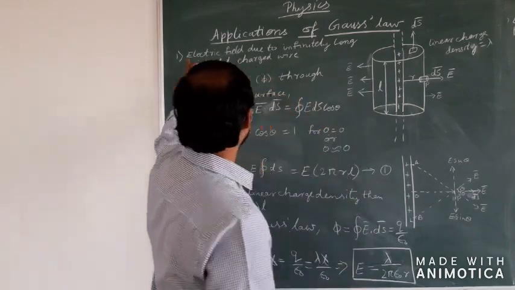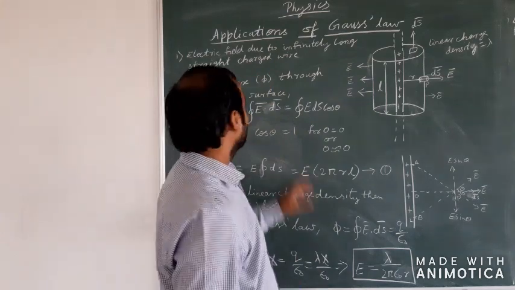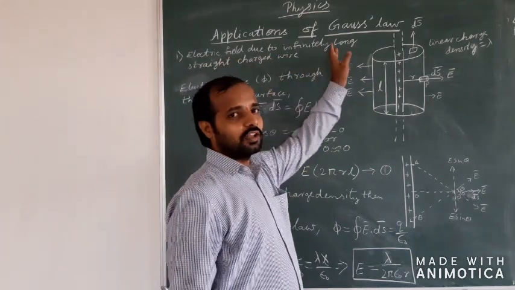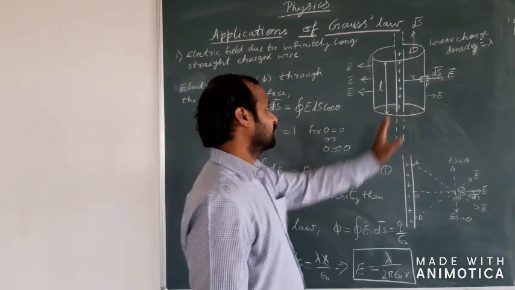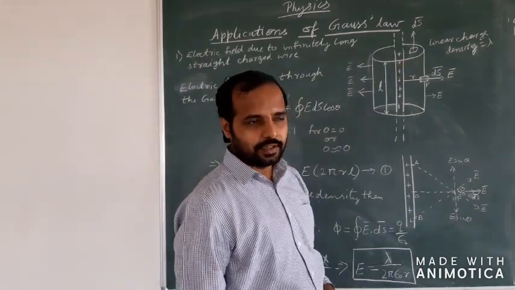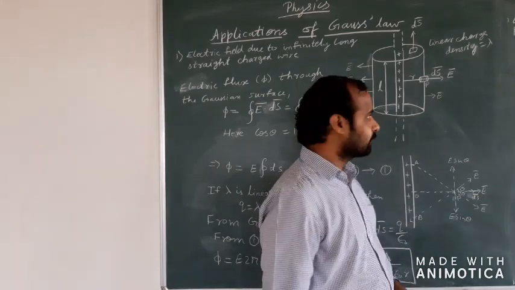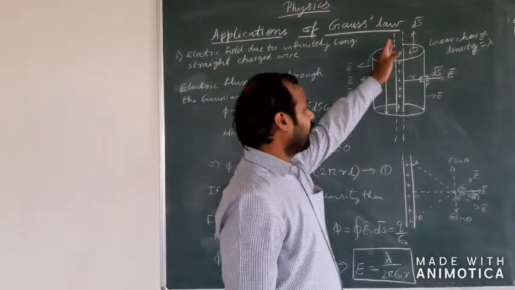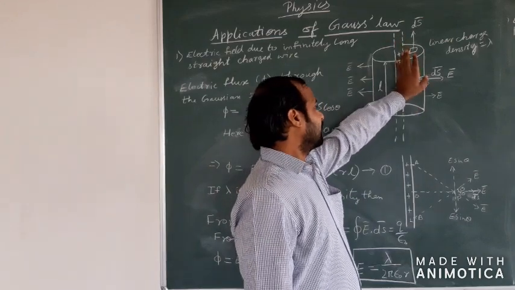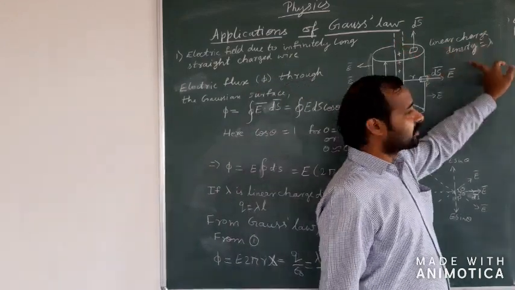The first application is to find the electric field due to an infinitely long straight charged wire. That is, let's say there is a charged wire which is of infinite length. We are going to consider this wire to have a linear charge density.